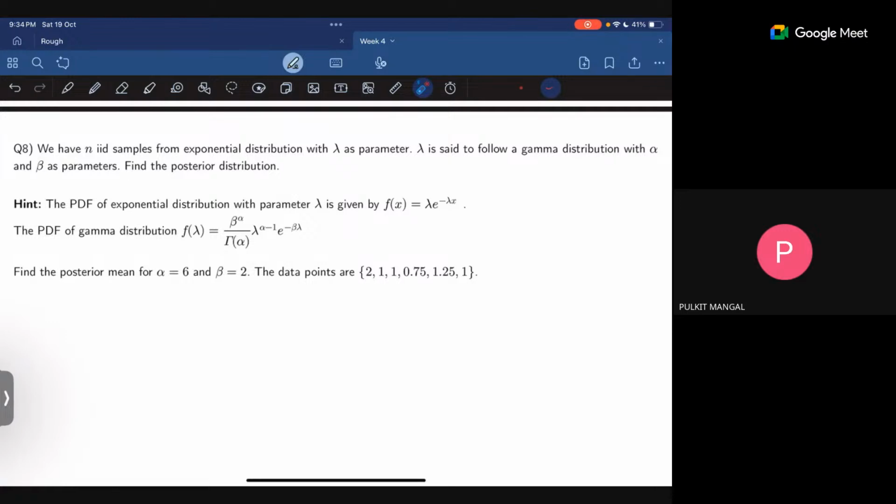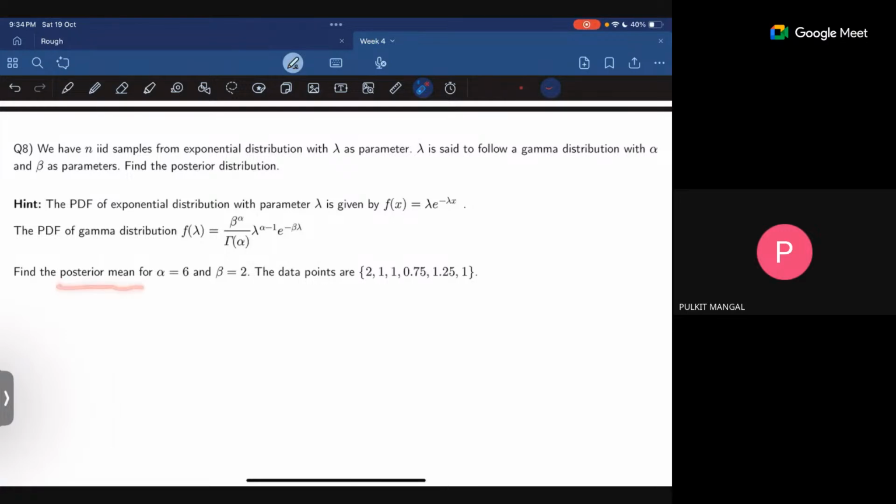How will you calculate the posterior distribution from the prior? The posterior is proportional to likelihood into prior. Prior is your gamma distribution, and you need to calculate the likelihood for the exponential. Multiply these two, and you will get your posterior distribution.